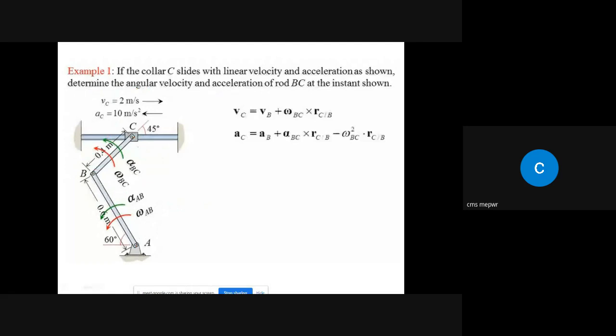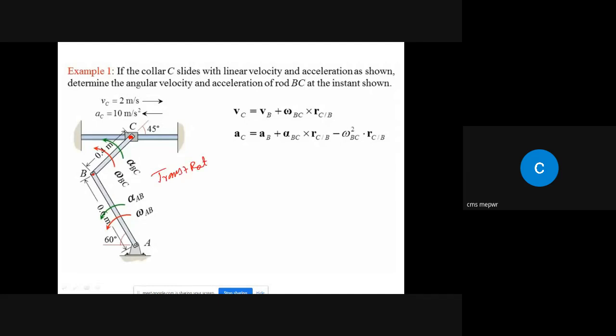So let's write down the equation for this point C. This rod BC is basically having general plane motion, that is a combination of translation plus rotation.